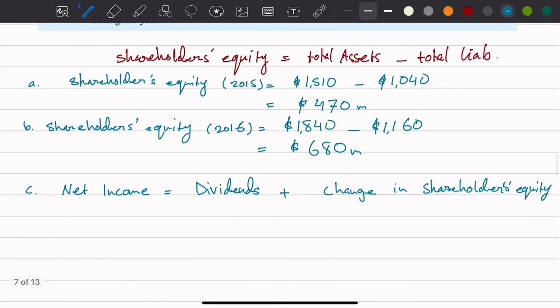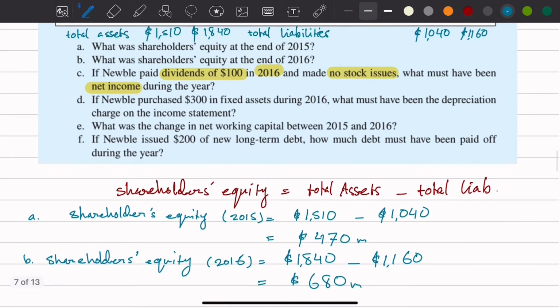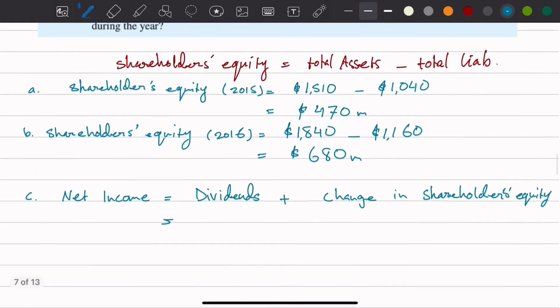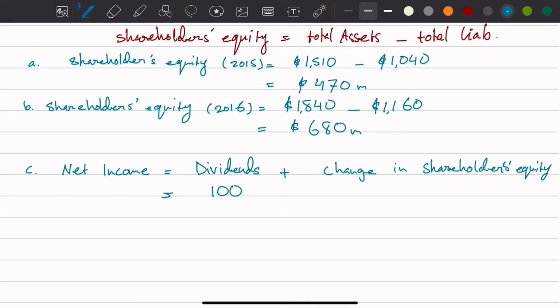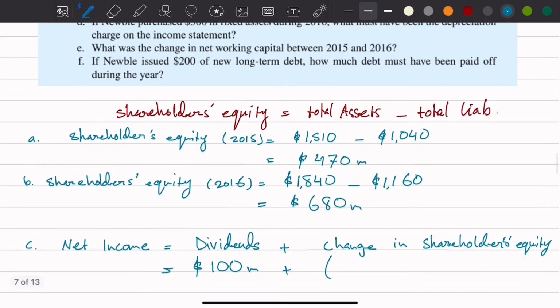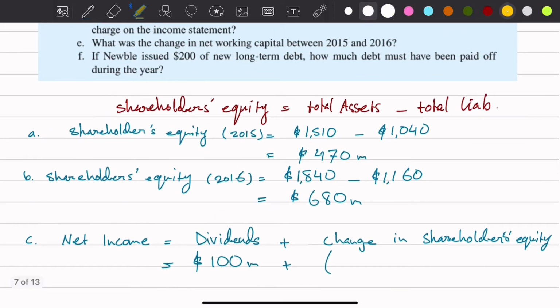Now the dividends was given to us in the question itself to be 100 million. So 100 million, that's a straightforward number, plus the change in shareholders' equity, which we are going to have to calculate by the difference between the shareholders' equity of 2016 and the shareholders' equity of 2015.